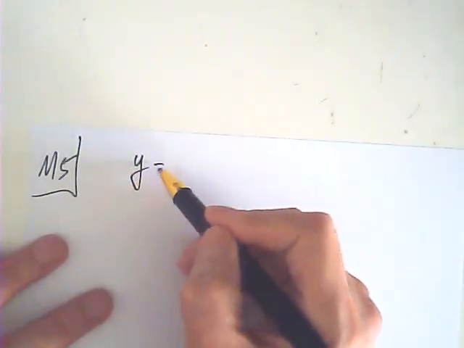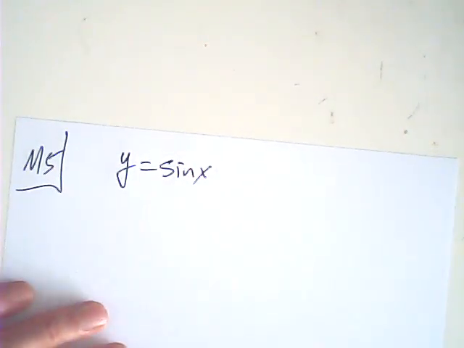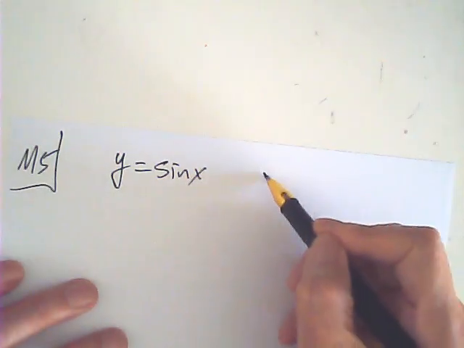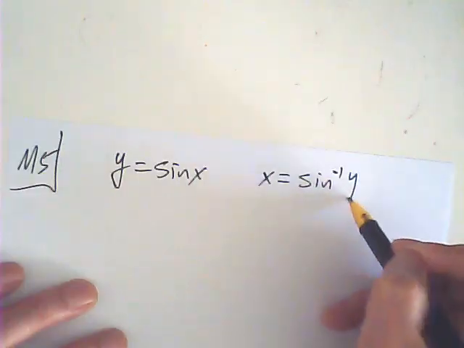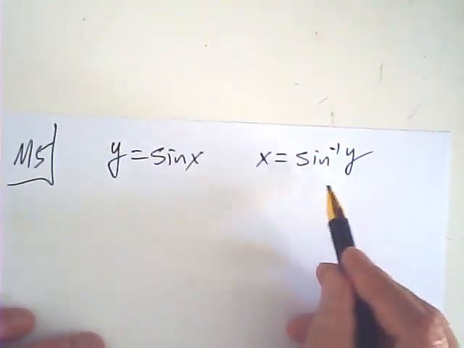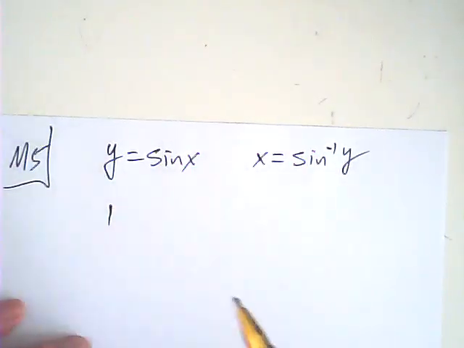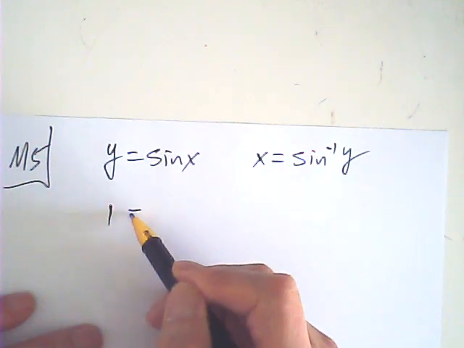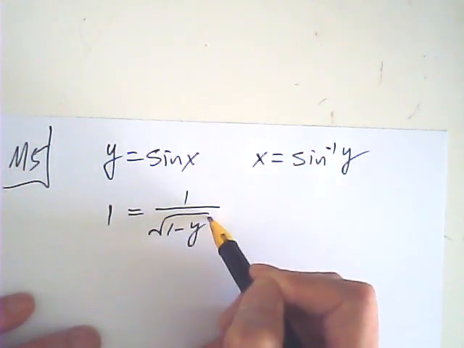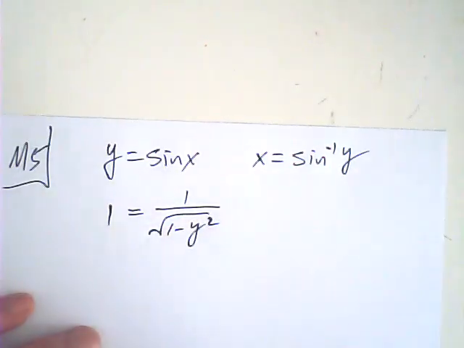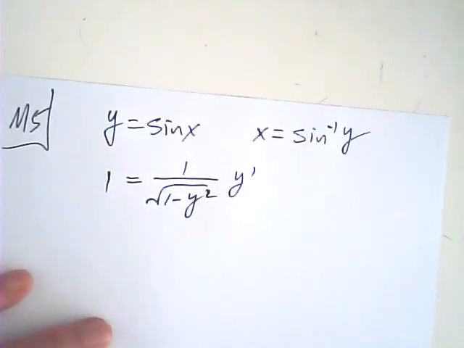I let y be sine x, right? And x will be equal to sine inverse of y, right? Then we differentiate both sides with respect to x. So this will be 1. This one will be 1 over the square root of 1 minus y squared, times the derivative of y with respect to x.